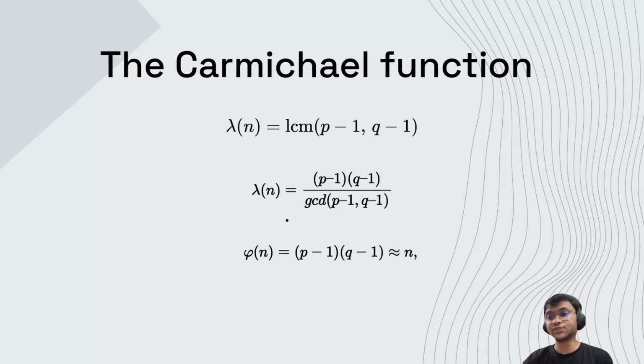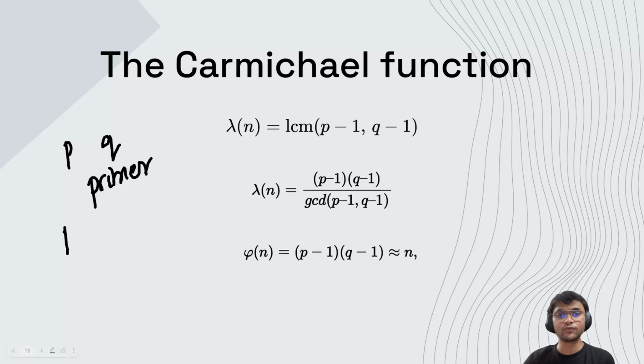Now, for large primes, if we subtract 1, it doesn't make a significant difference. So p minus 1 times q minus 1, computed in phi n, is almost equal to n. Since p and q both were primes, we know that p minus 1 and q minus 1 will be even numbers.